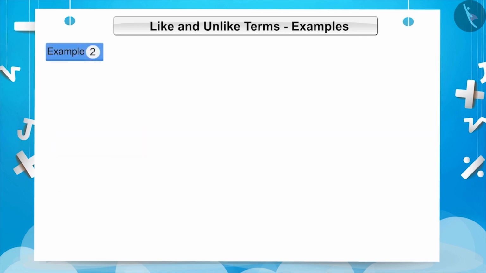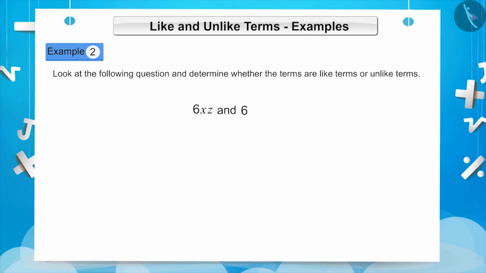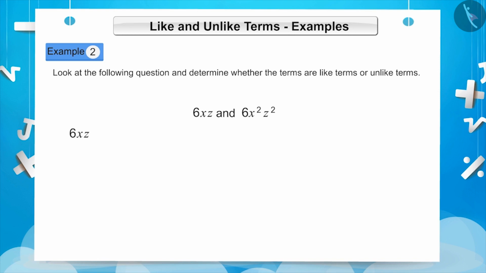Example 2. Look at the following and decide whether the terms are like terms or unlike terms. 6xz and 6x^2z^2. If we form the factors of these two terms, we will find that the factors of 6xz are 6, x and z.